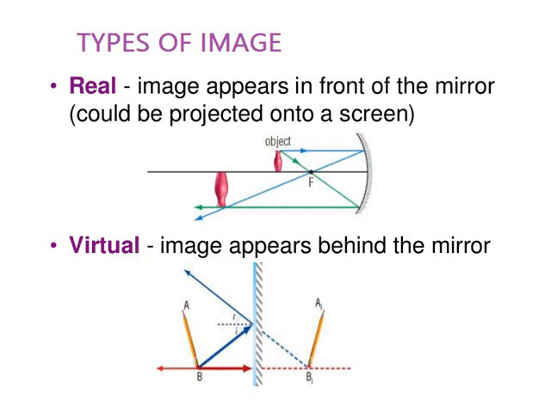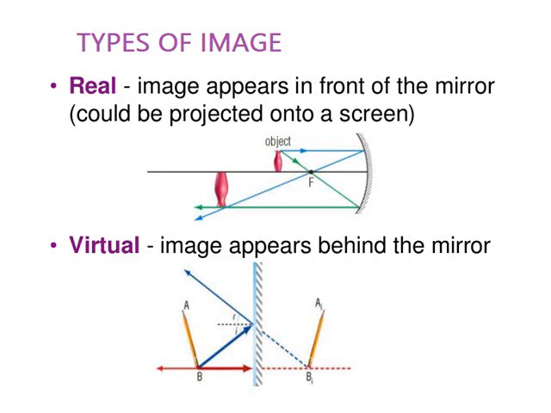So for an object above the principal axis, the image of it is formed below the principal axis. You see the object here is a vase and it is erect, kept upright, whereas the image is inverted.